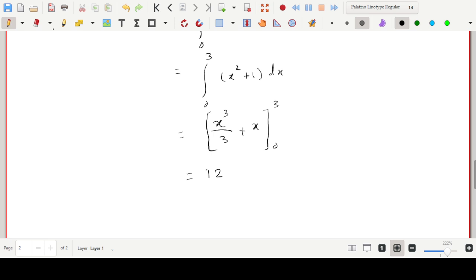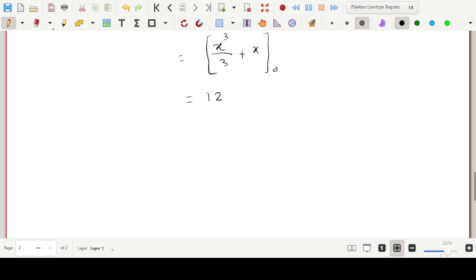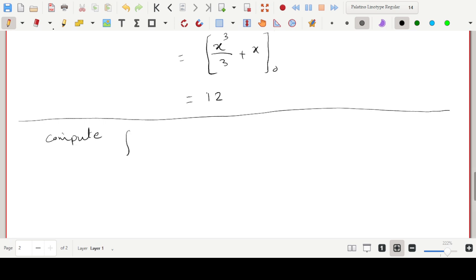Let us take one more example. Compute the integral from 0 to 1, 0 to a, of xy times x square plus y square, dx dy.